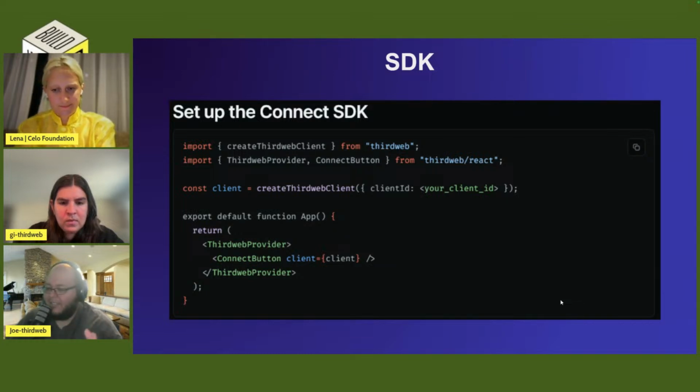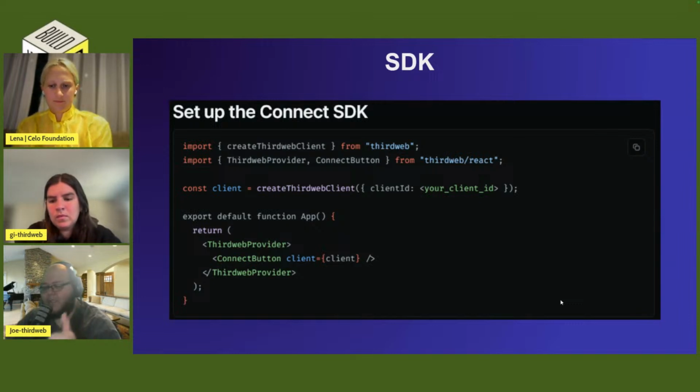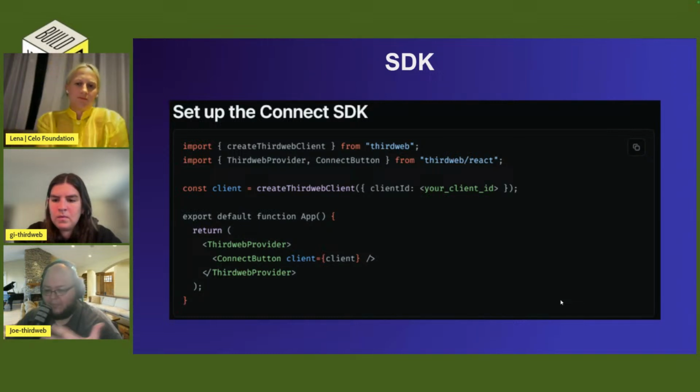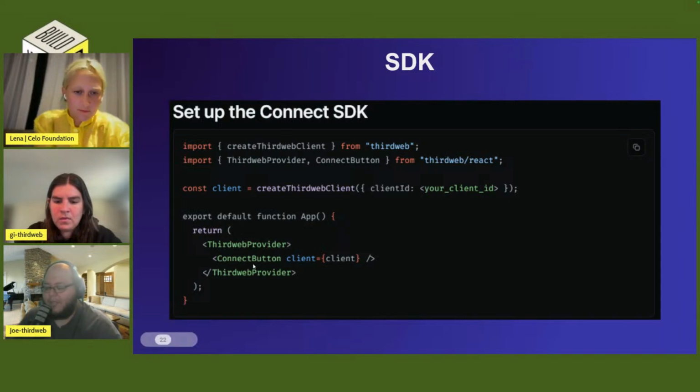This client is going to be what is passed over to some of our components. And this client is what houses your API key pair. Every API key will come with a client ID, which you can use for your front end components, and a secret key, which you can use for your back end components, right? As you have these components and clients created, you'll see here towards the bottom with this connect button, we're going to wrap our app with our thirdweb provider.